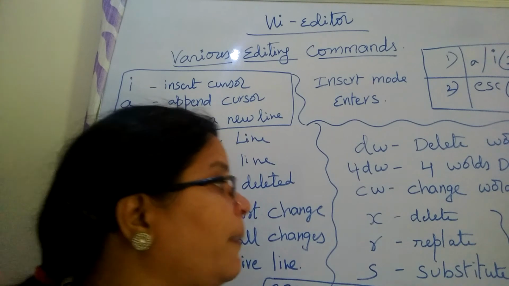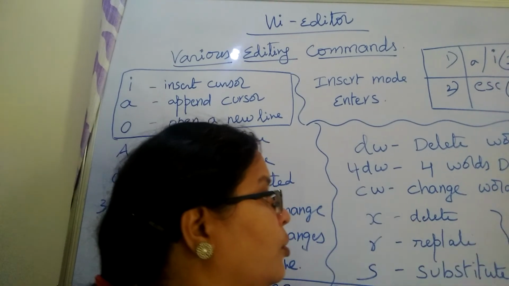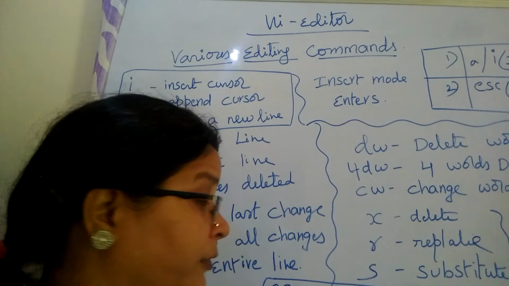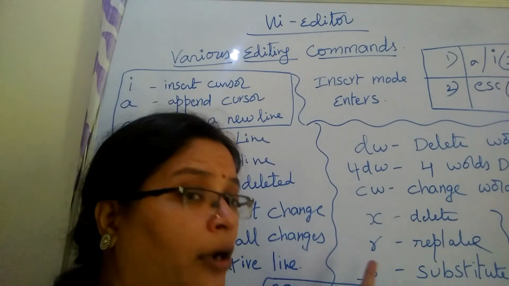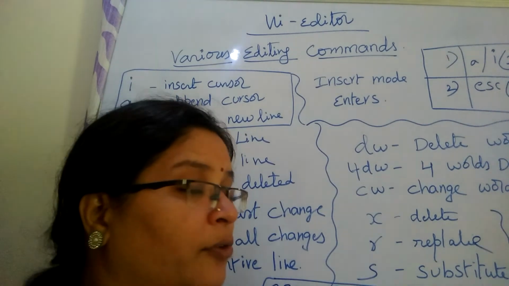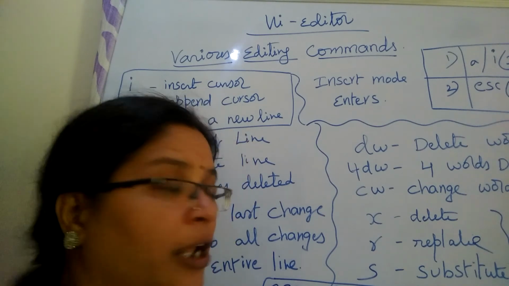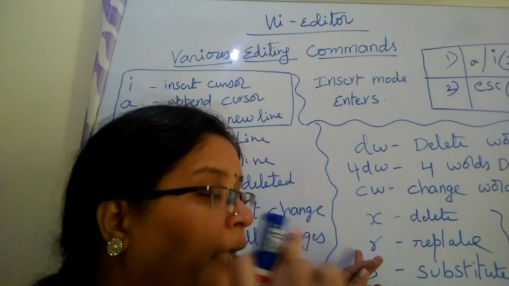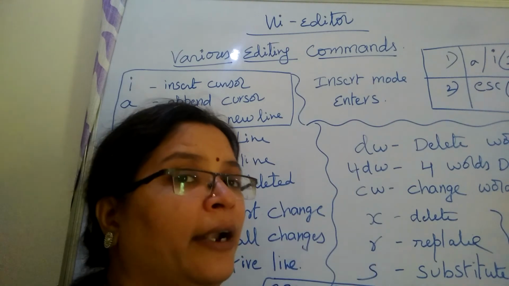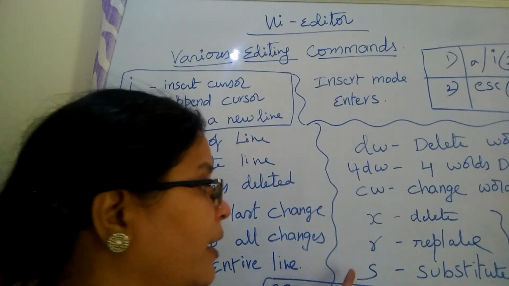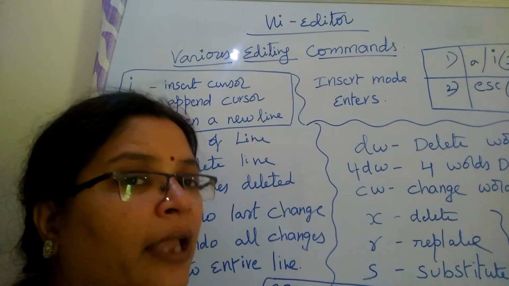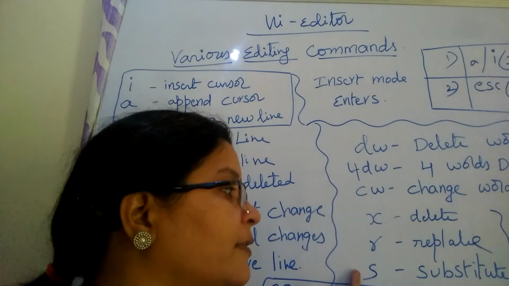Whenever you want to replace a character, this can be done with the help of the command r. That means you place the cursor on the character you want to replace, then simply press r, and the particular character will be replaced with the newly entered character. And the next one is substitute. Suppose you want to substitute another character in its place, then you simply press s.